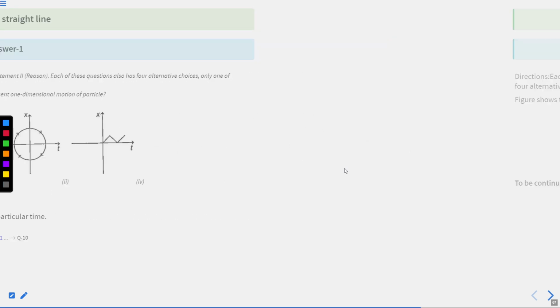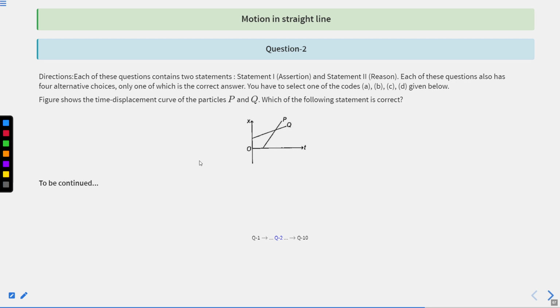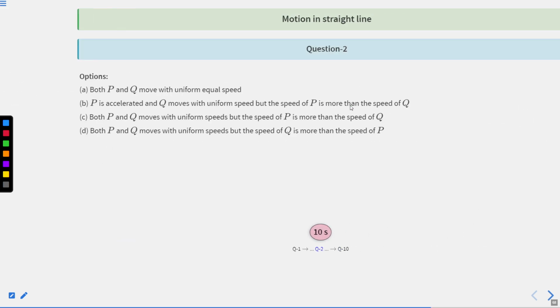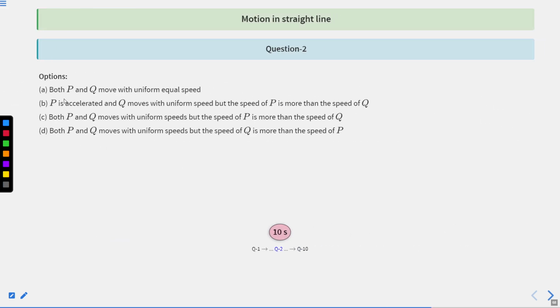Next question. Figure shows the time displacement curve. This is the time and this is the displacement curve. The particles P and Q. Which of the following statements is correct? First, both P and Q move with uniform equal speed.